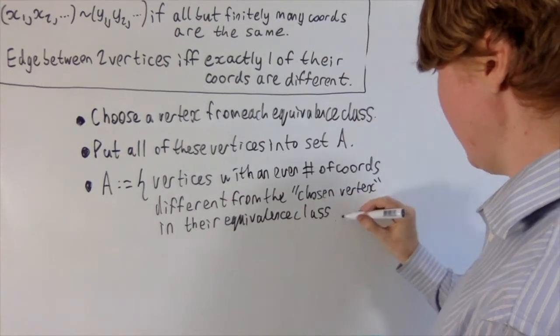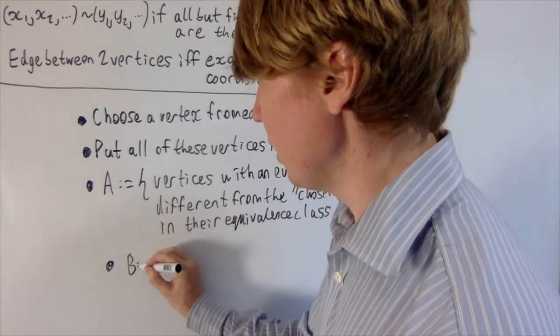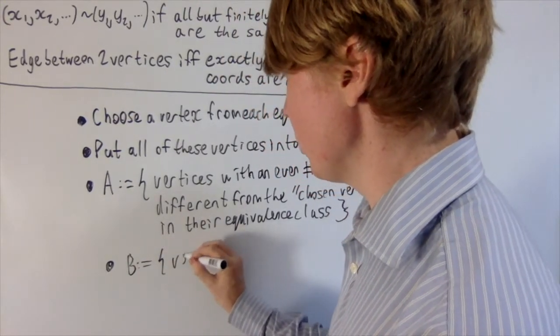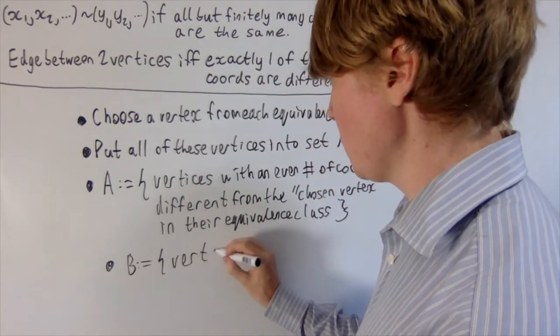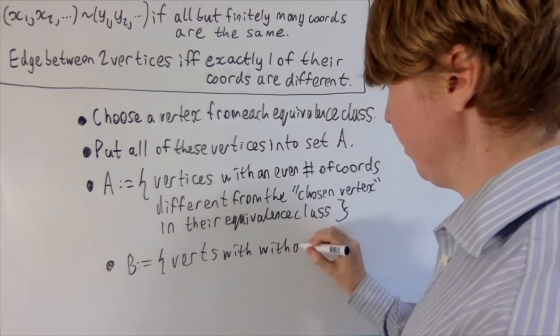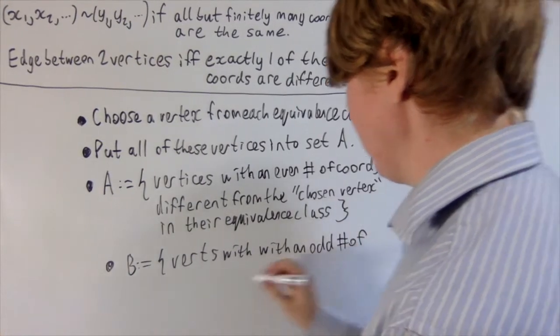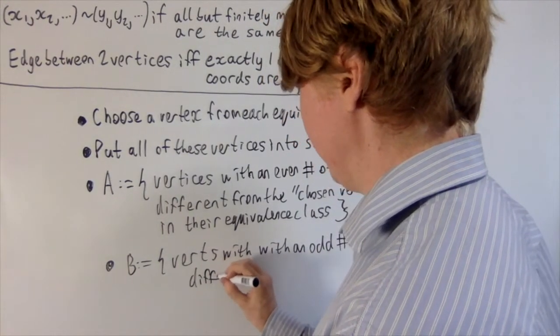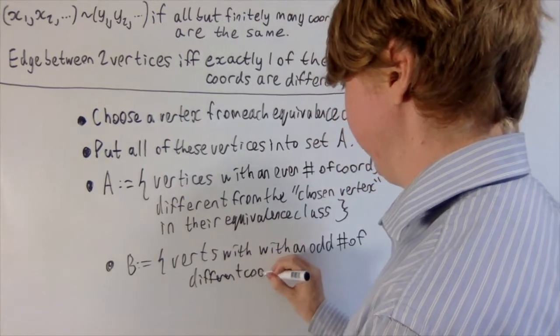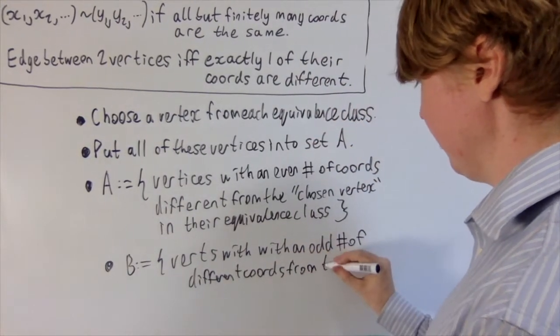So this is our set A, and then B, you might be able to guess, is going to be the set of all vertices with an odd number of different coordinates from their chosen vertex.